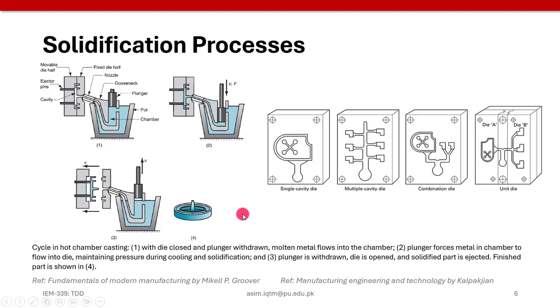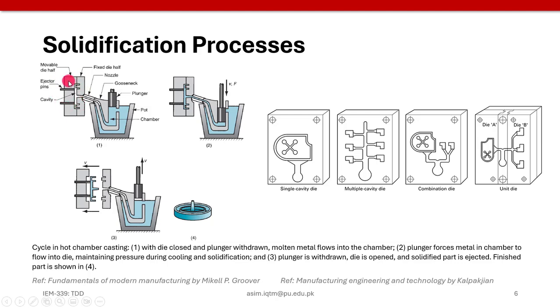In illustration 1, we have the die closed with the plunger withdrawn, and the molten metal flows into the chamber. Here you can see we have a chamber containing the molten metal, and when the plunger applies force in this downward direction, it fills this molten metal into this cavity, which helps to create the near net or net shape of the product.